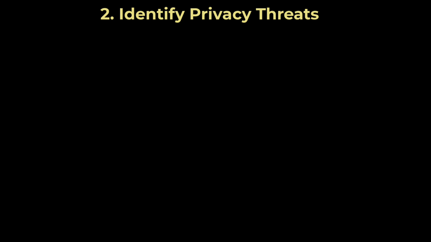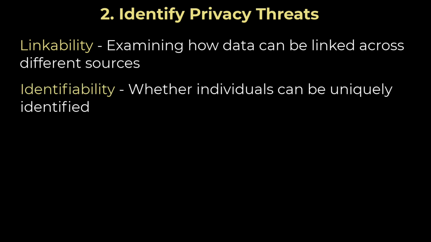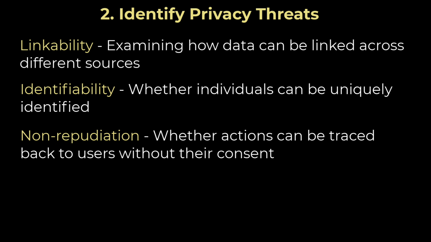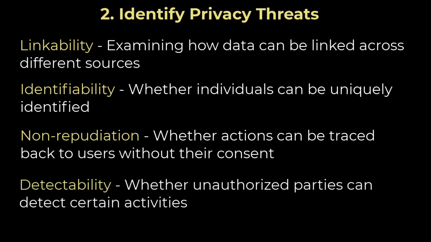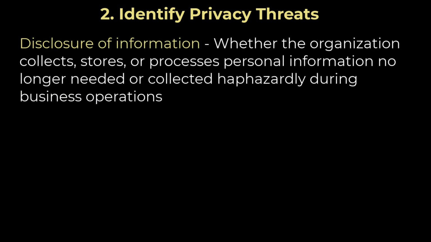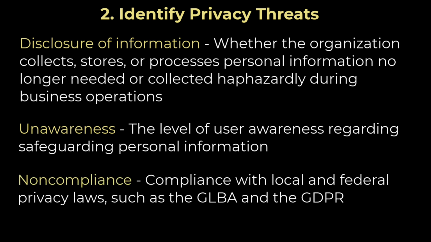Using the LINDDUN categories, analysts systematically analyze potential privacy threats and related vulnerabilities associated with the system, including examining how data can be linked across different sources, linkability; whether individuals can be uniquely identified, identifiability; whether actions can be traced back to users without their consent, non-repudiation; whether unauthorized parties can detect certain activities, detectability; whether the organization collects, stores, or processes personal information no longer needed or collected haphazardly during business operations, disclosure of information; the level of user awareness regarding safeguarding personal information, unawareness; and compliance with local and federal privacy laws, such as the GLBA, non-compliance.